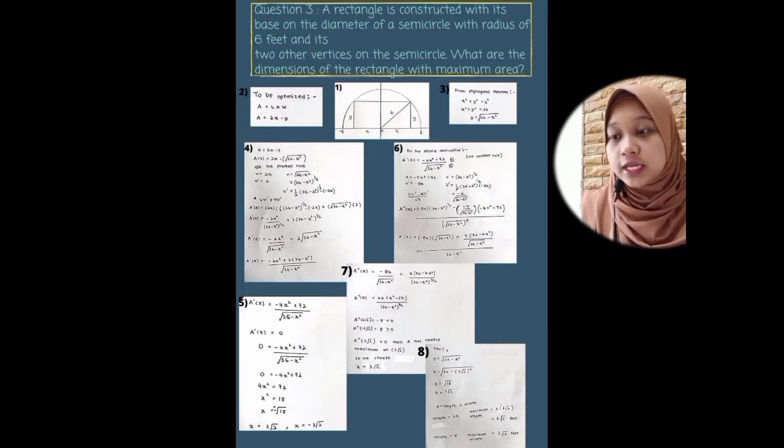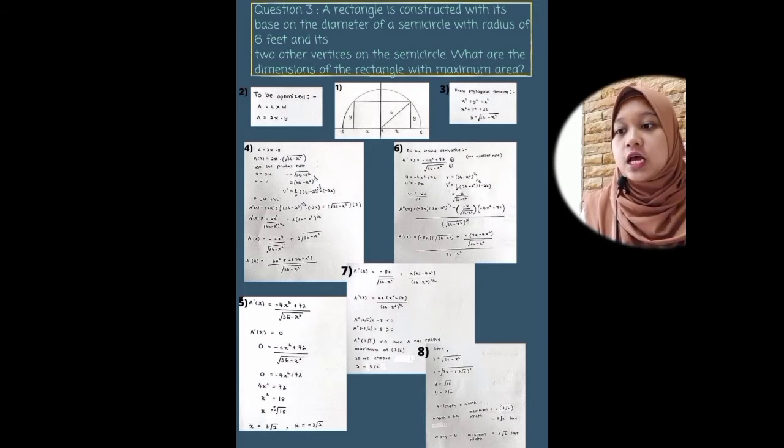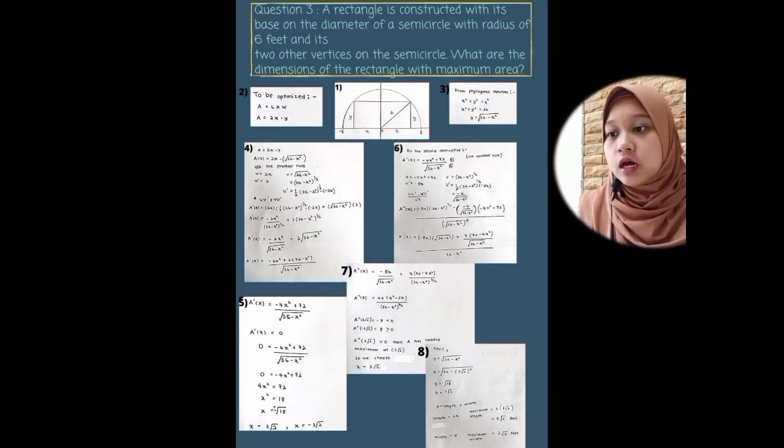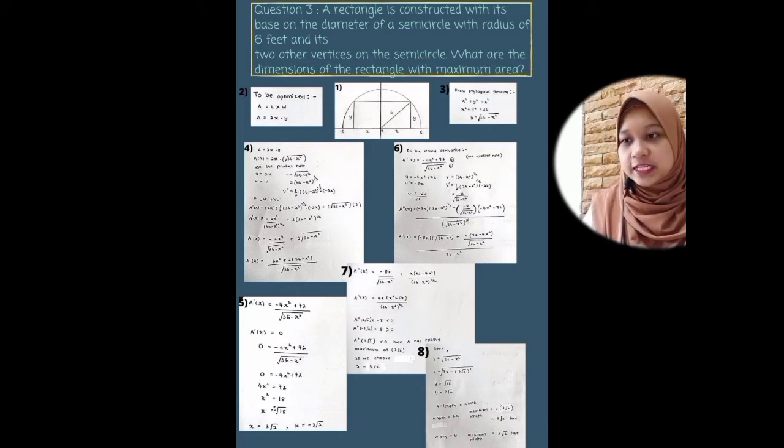After that, we get the second derivative is 4x times x squared minus 54 over 36 minus x squared to the power of 3 over 2.